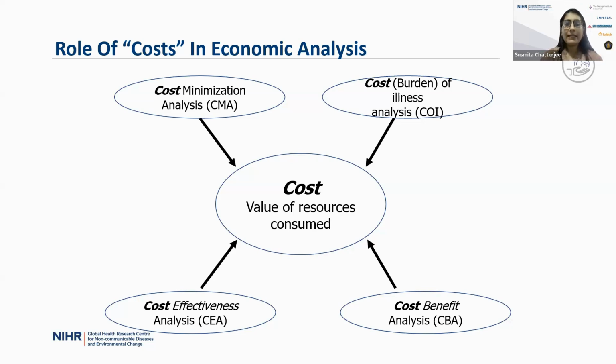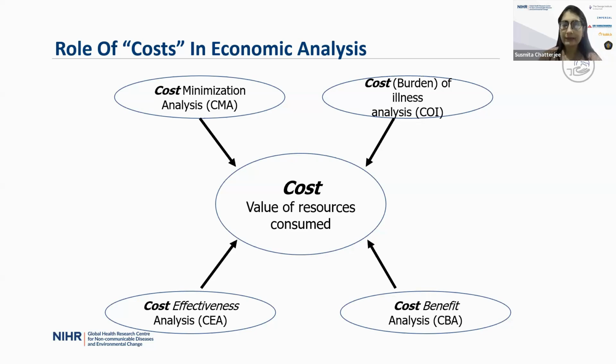Basically, cost effectiveness, I am telling it again, because as I said earlier also, there is a whole lot of confusion and interchangeably these two terms are used. So I again want to make sure that cost effectiveness and cost benefit analysis are two different things.